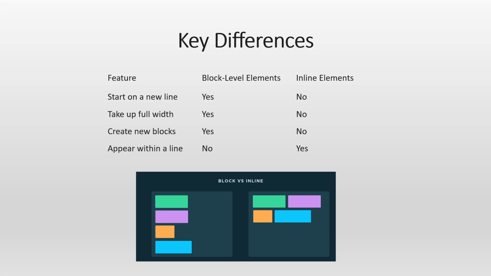The green one has space beside it, but because the green one is a block element, it is going to occupy till the container, whatever the black thing is there.